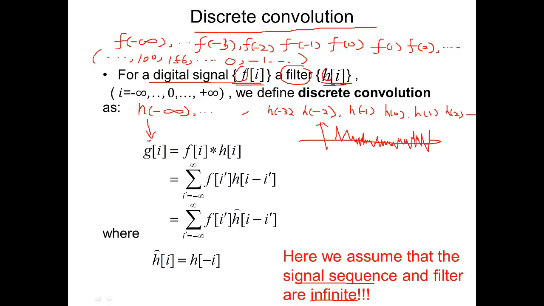For each element in the discrete convolution of f and h, we label it as g. For g i, we can obtain it using this symbol. This star here is called the convolution symbol. It's not the multiplication symbol in our math.